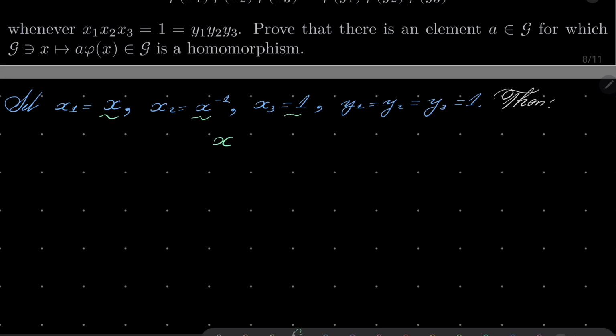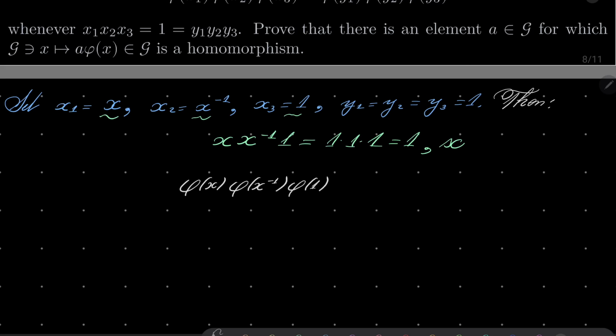So we can derive the following: phi of x, phi of x inverse, phi of 1 equals phi of 1 to the third power. And now what we can do right away is to take this equality and multiply it on the right hand side by phi of 1 inverse.